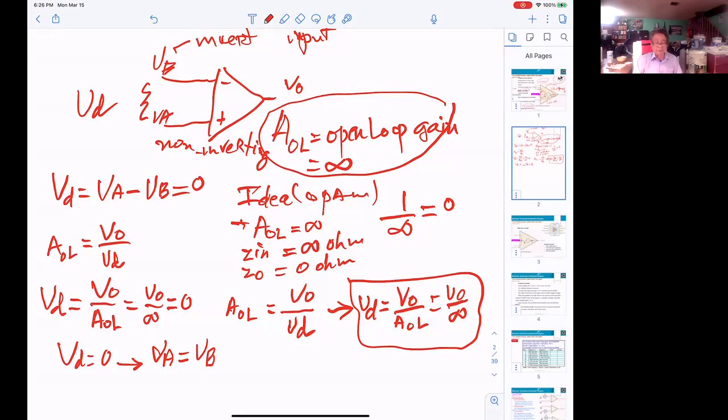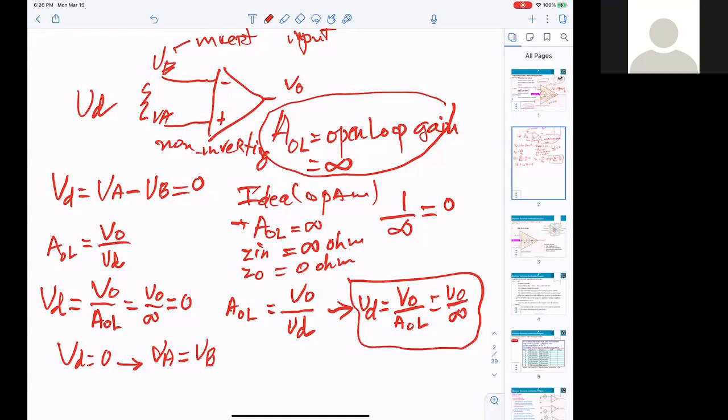I apologize for arguing, but I think you're confusing cause and effect in an open loop amplifier. The V out has no control over VB or VA. VB and VA are what they are. Let's say VB is 5 volts and VA is 1 volt. There's no control from V out on the input, so VD would be 4 volts.